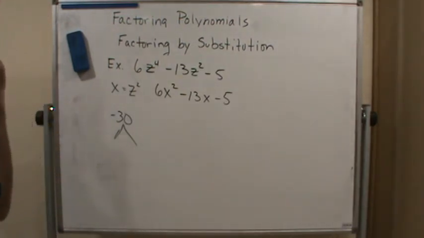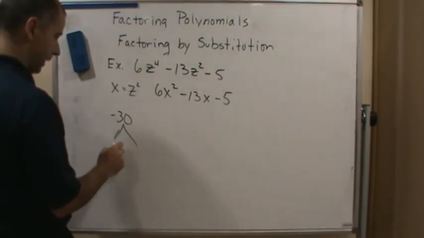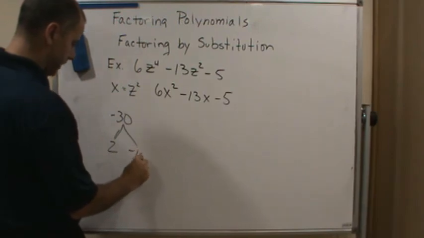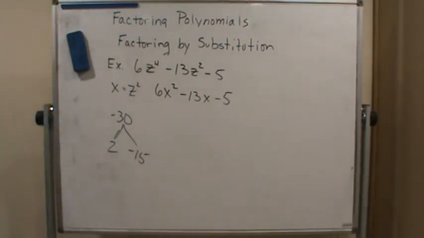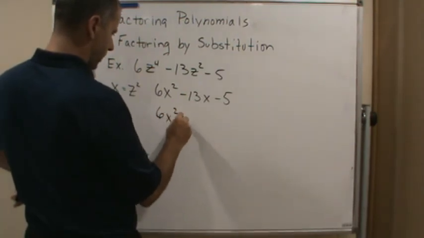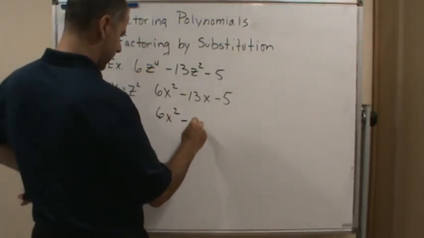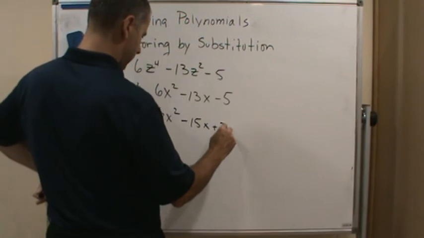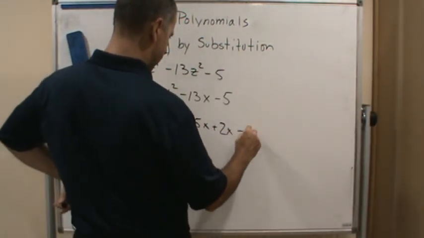Let me think. Oh, yes. It'll be 2 and negative 15. 2 and negative 15 will work. So now I'm going to decompose. So this will be negative 15x plus 2x minus 5.